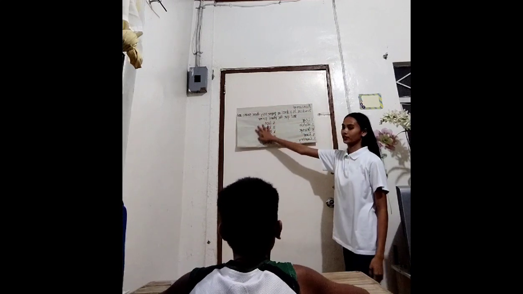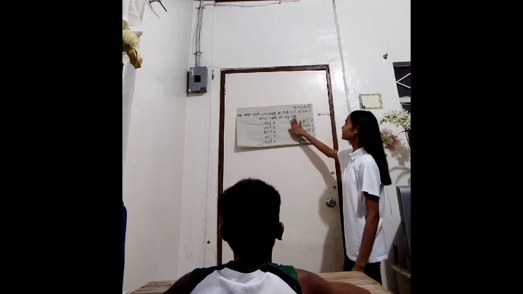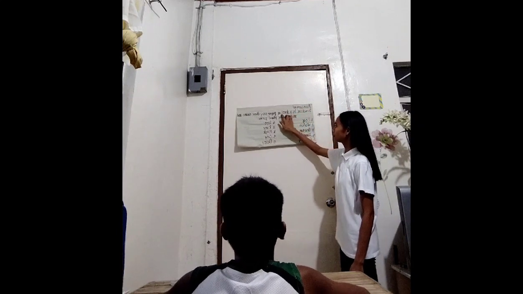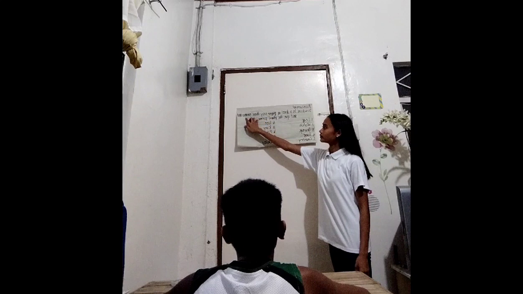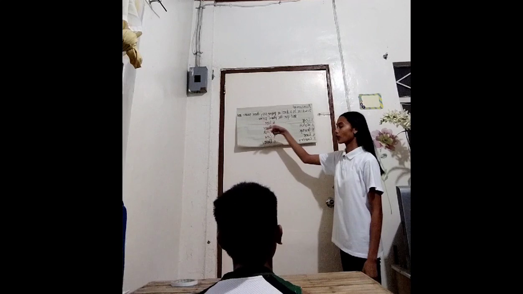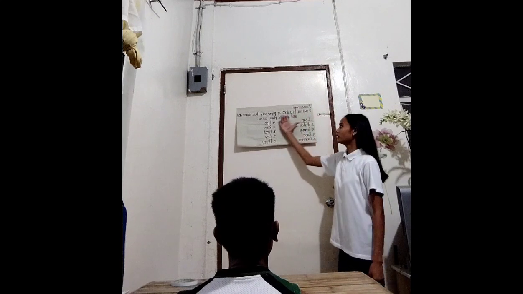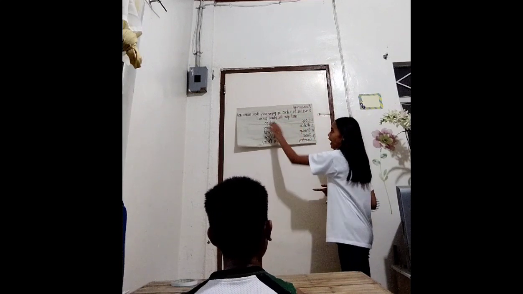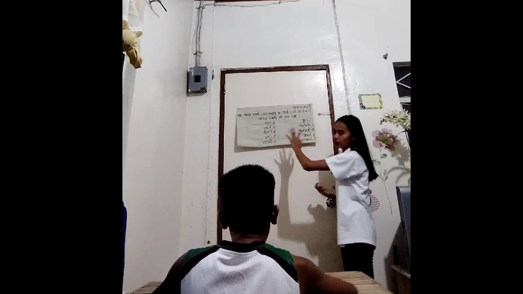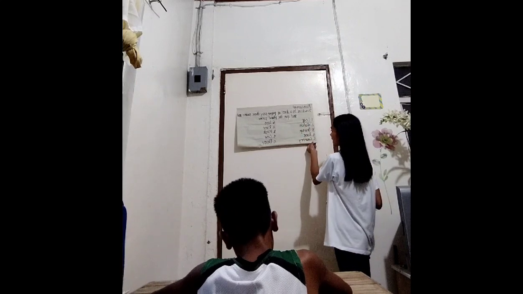Can you see it? Can you read it? Assessment. Direction: on a sheet of paper, copy these 10 nouns and give the plural forms. I will give you 10 minutes to answer the assessment.